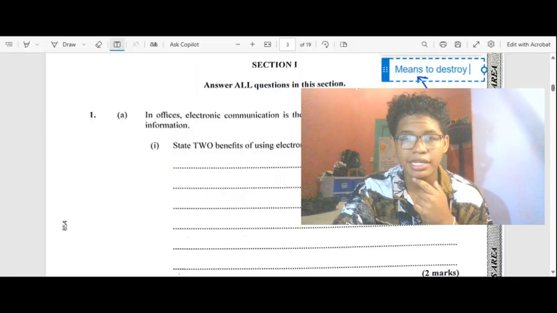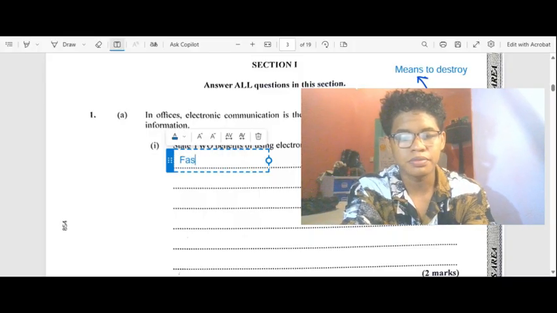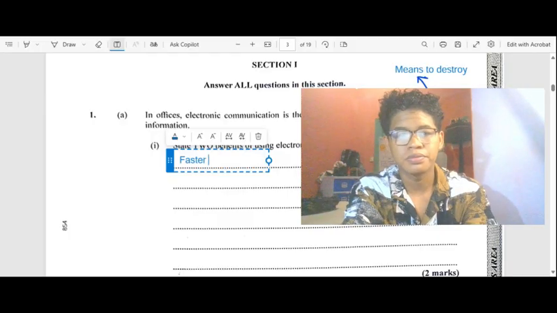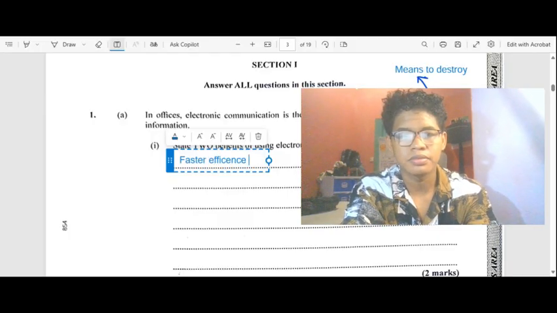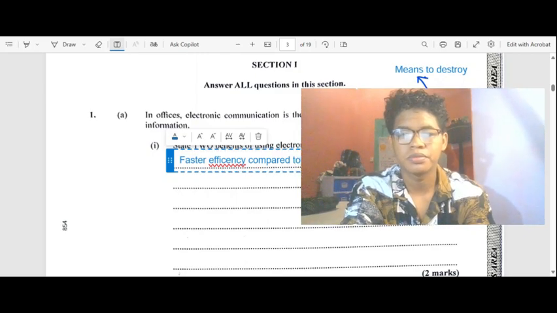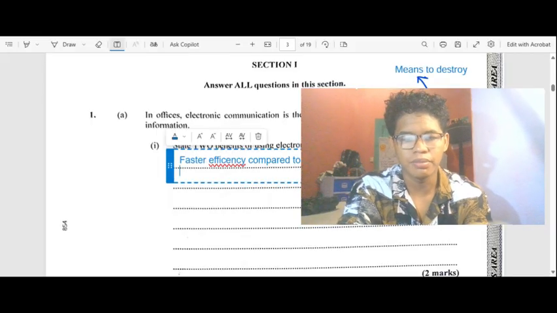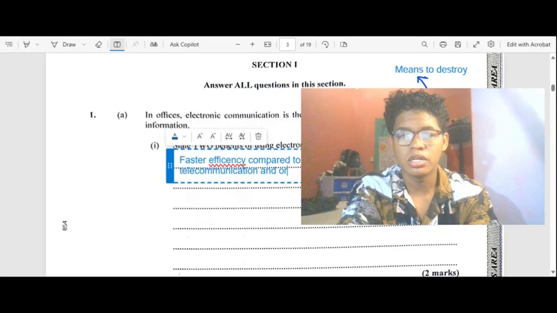State 2 benefits of using electronic communication in an organization. So first of all, foster efficiency compared to other channels of communication, such as telecommunication and oral communication.